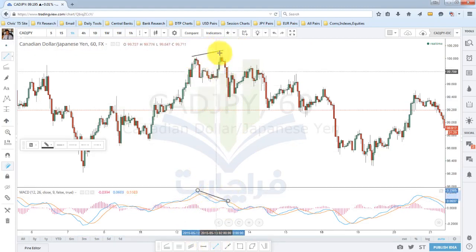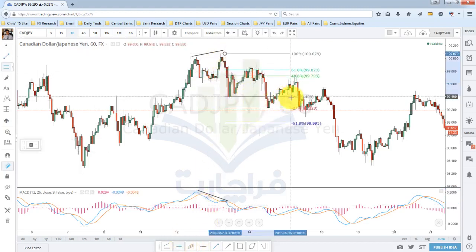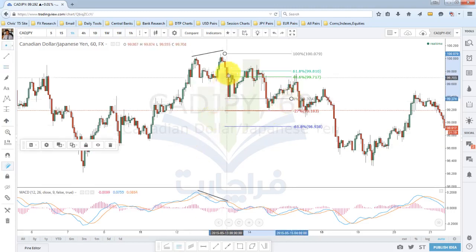So we have price moving higher, MACD swinging lower, we have a qualified move to the downside. Now we're going to use our extensions, and you just add them onto your Fibonacci tool. Depending on what program you're using for your charting package, you'd have to do it a little bit differently. You put in a negative number for mine.